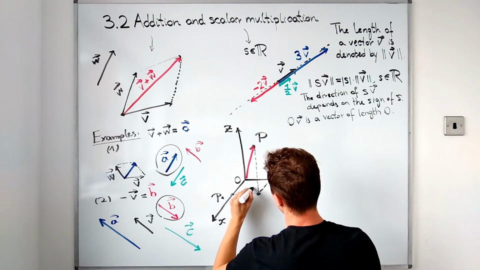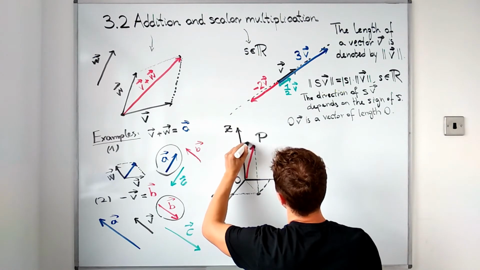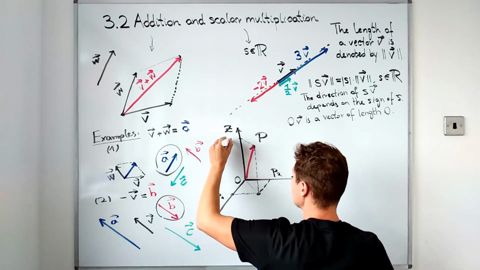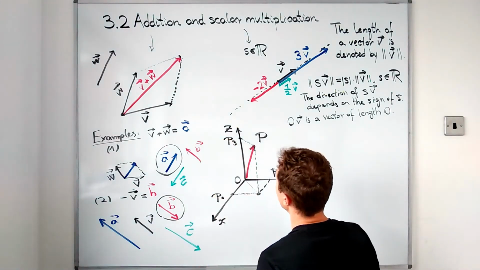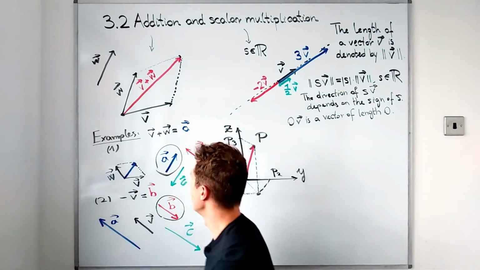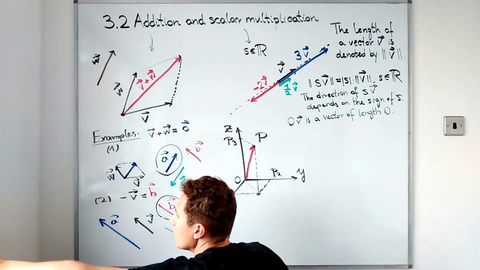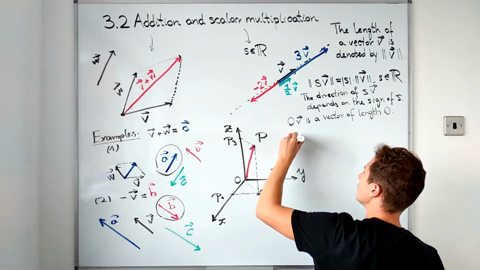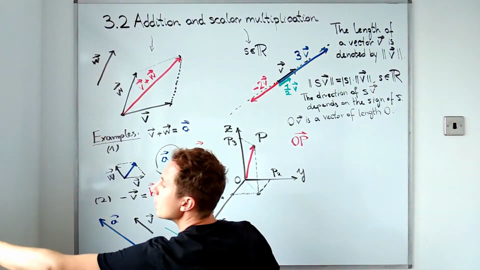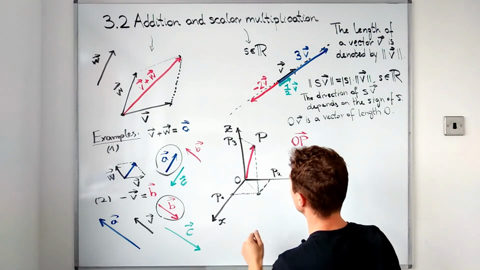Finally, to get the third coordinate, we drop the point onto the z-axis to get the third coordinate, P3. Okay, so in this way we can express our vector OP using numbers, namely three numbers. So OP is now given by three numbers, P1, P2, and P3.